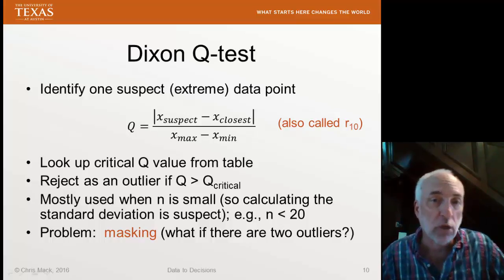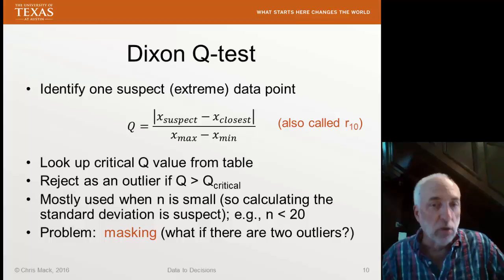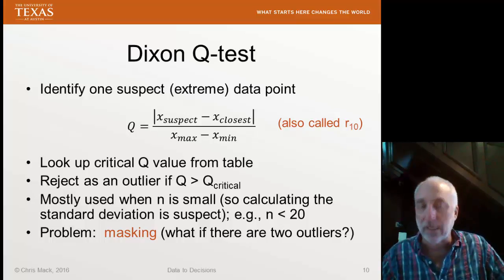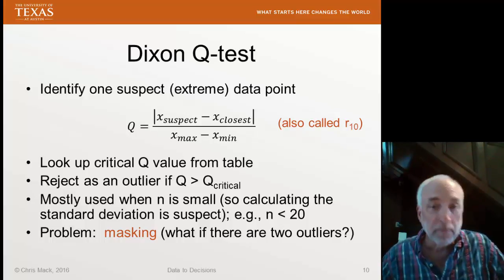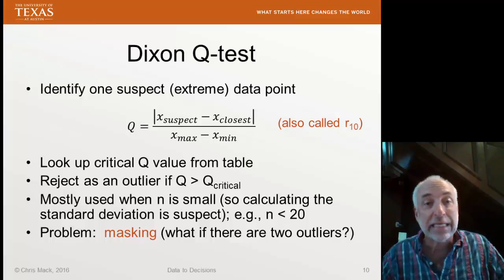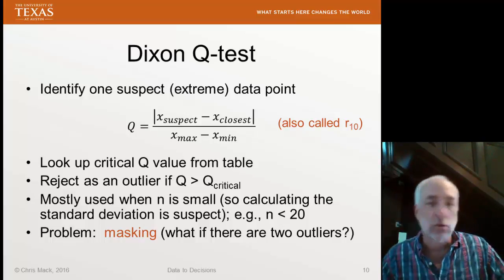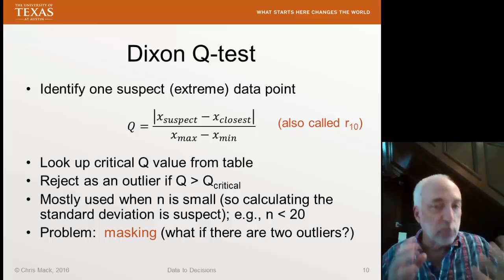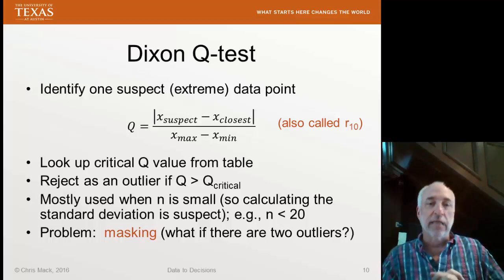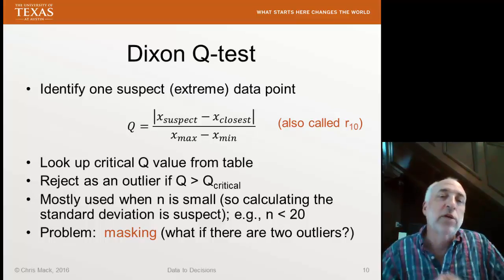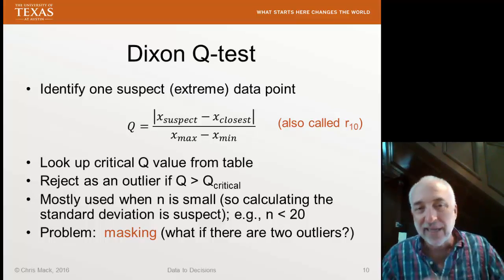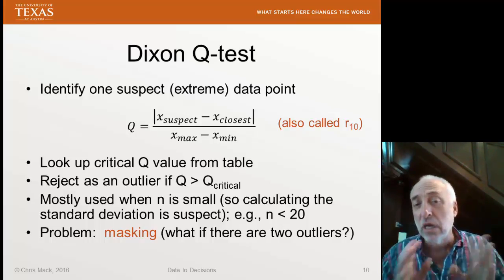And this ratio we call Q. Then we have a table of critical Q values, which I'll show you in a moment. And we ask, is this Q value more extreme than the critical Q value? If it is, we say we've identified an outlier. I'm saying we're going to reject it as an outlier here.